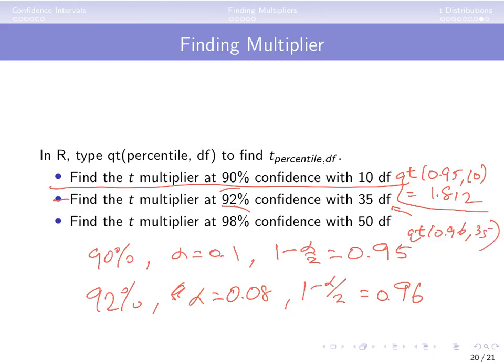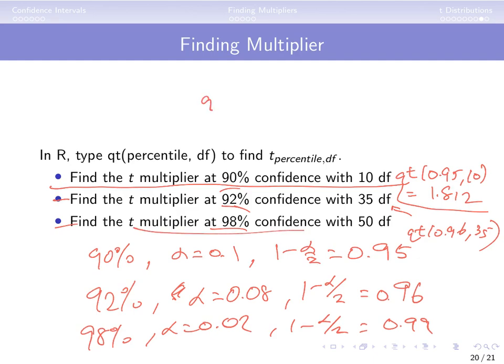You could work it out on your own. This last one, 98% confidence, alpha is 0.02, so 1 minus alpha over 2 is going to be 0.99. So you will type in qt(0.99, 50), 50 degrees of freedom, and it's 2.403.